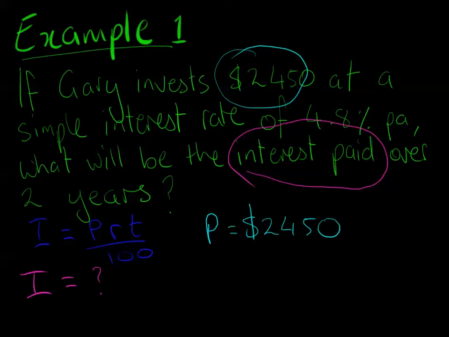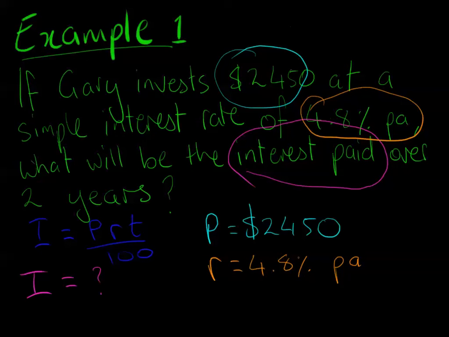Now we need to identify our R, our interest rate. Our interest rate here is 4.8% per annum. Very important to recognize that it's 4.8% per annum, which means that percentage is calculated at the end of every year.